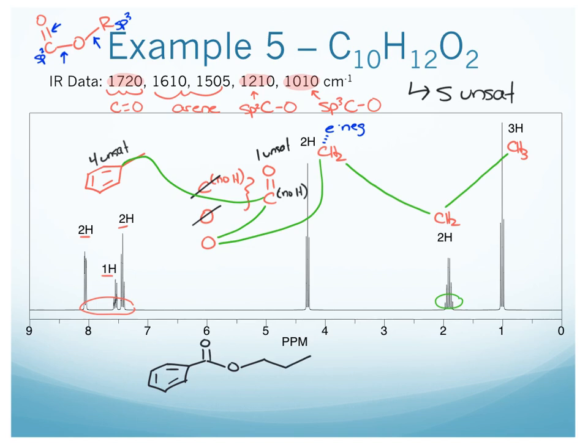Okay, and one thing I will go ahead and point out here is when you have this C double bond O, the carbonyl, attached to an aromatic ring, that tends to give good resolution of the signals in that ring. It separates them out nicely as opposed to just having one messy multiplet.